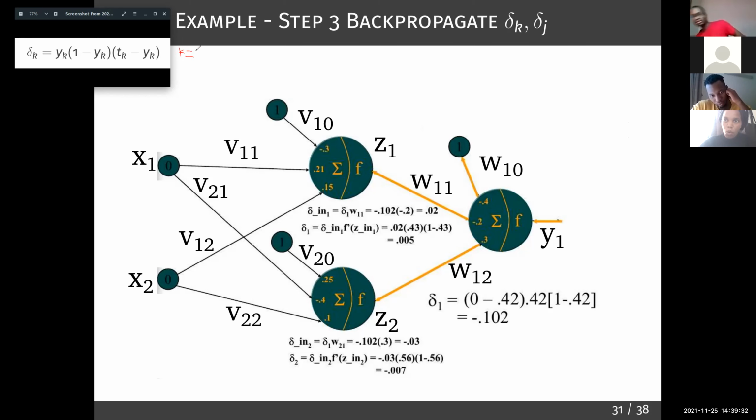So y output was 0.42. So 0 minus 0.42, that part is multiplied by the output 0.42, multiplied by the target. The target is 1, is it 1?